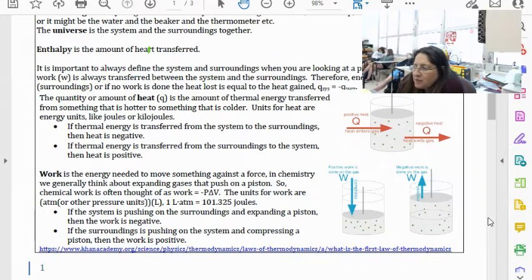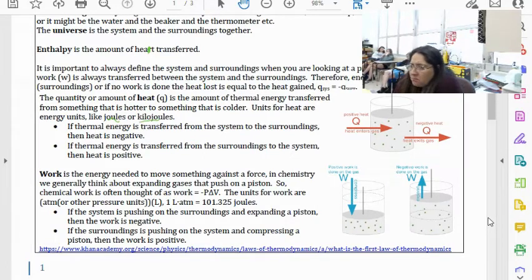So the energy of the system is the energy of the surroundings, or if no work is done, the heat that is lost is equal to the heat that's gained. The quantity or amount of heat then is typically measured in something called joules or kilojoules.